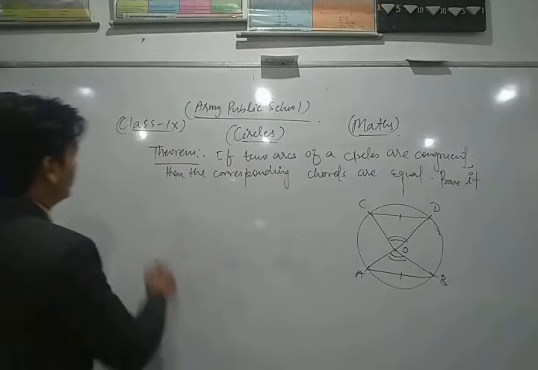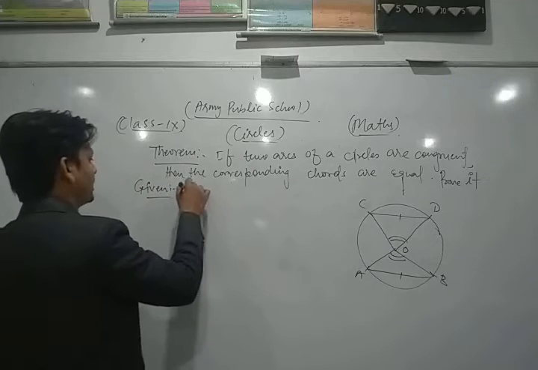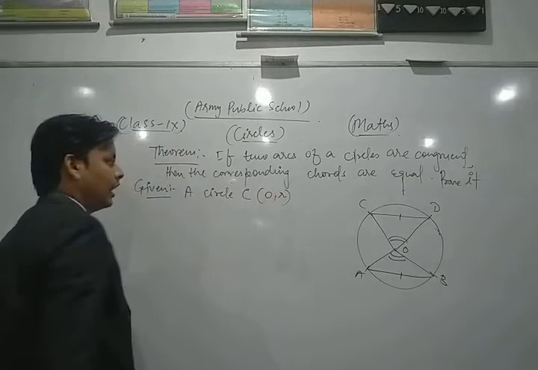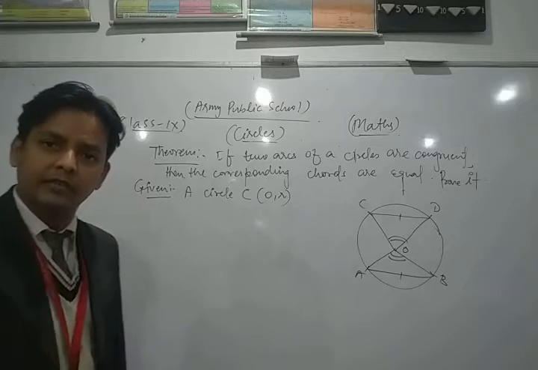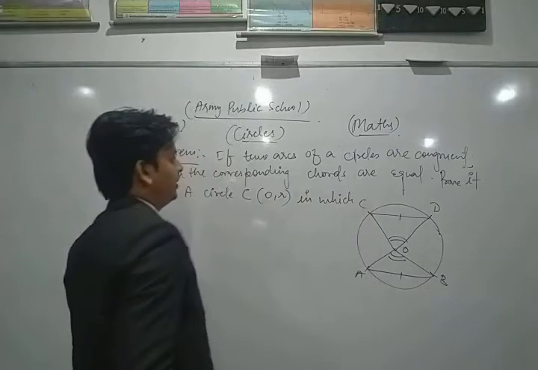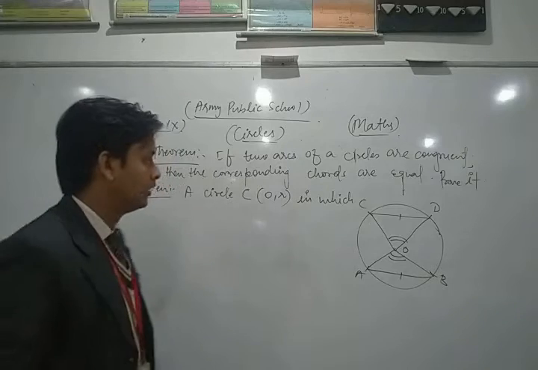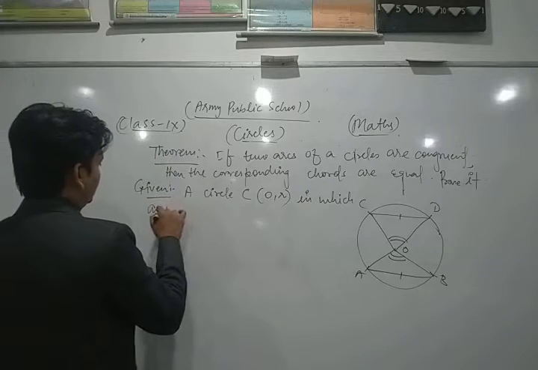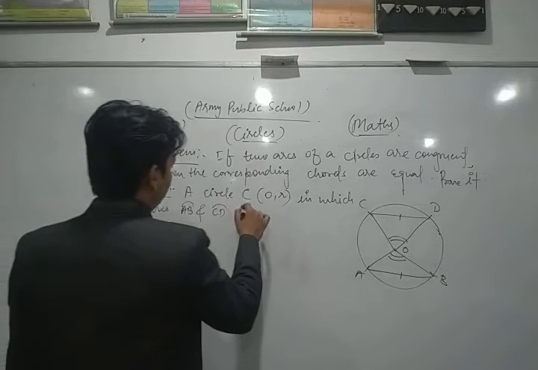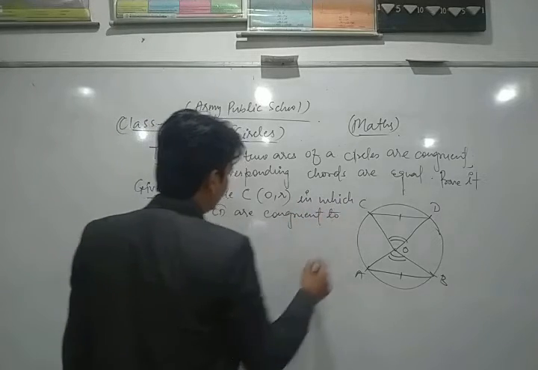First of all, we write the given. A circle C with center O and radius R, in which two arcs AB and CD are congruent to each other.